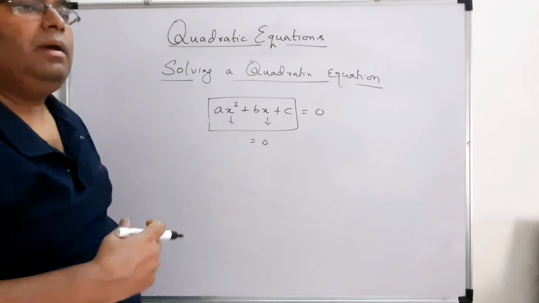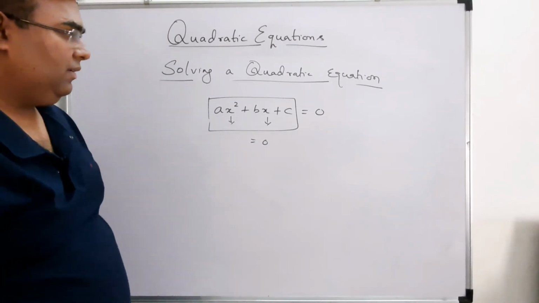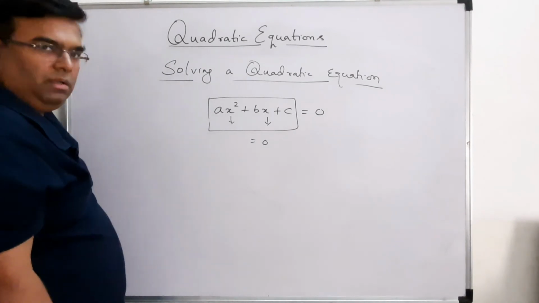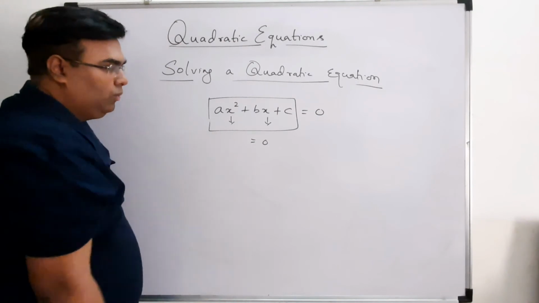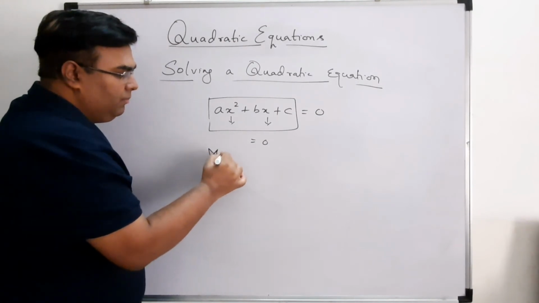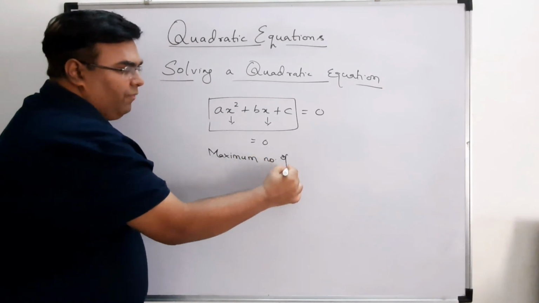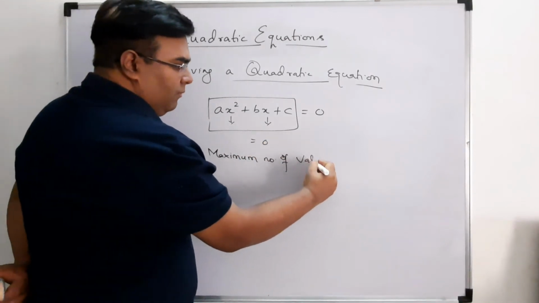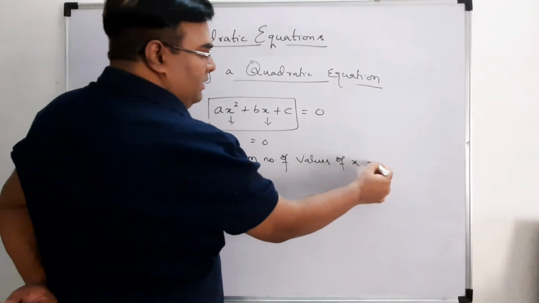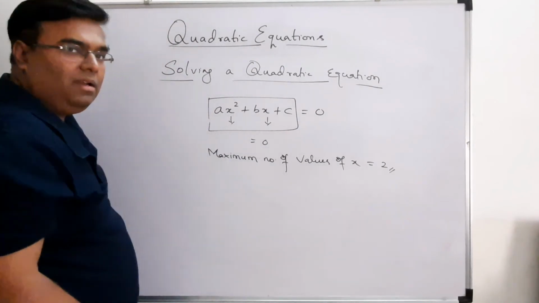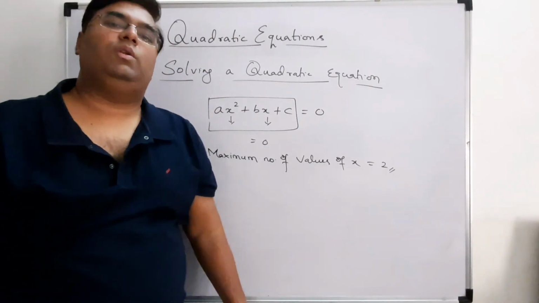We have different methods to find the value of x. The maximum number of values of x that we can get here is 2, which means we can get 2 values, but it doesn't mean that we always get 2 values.